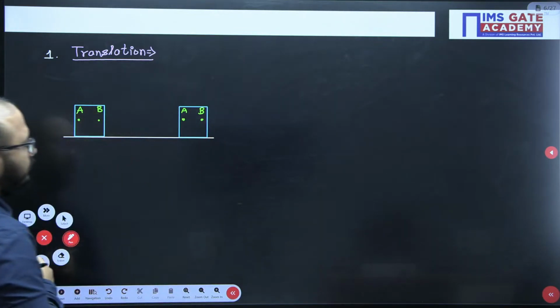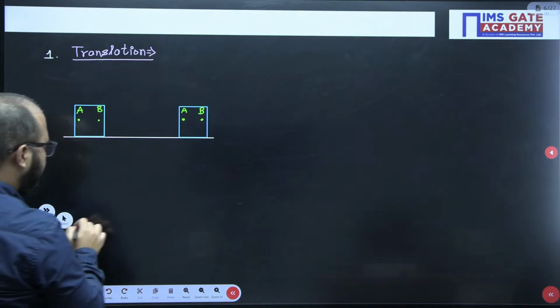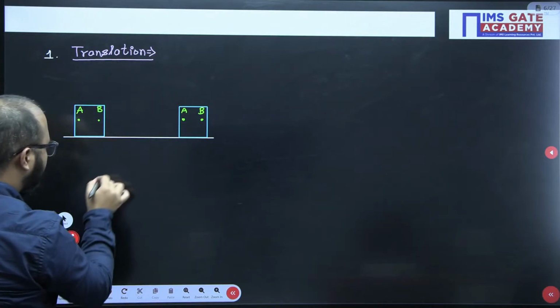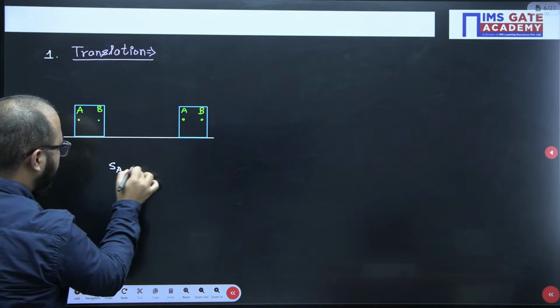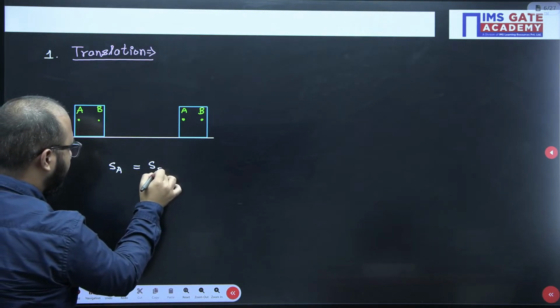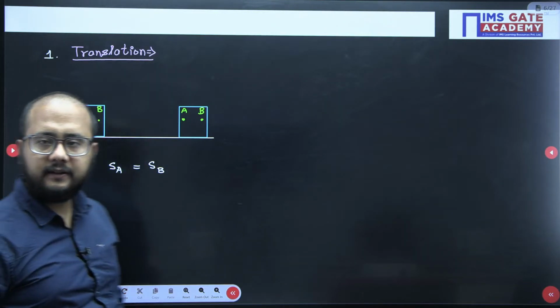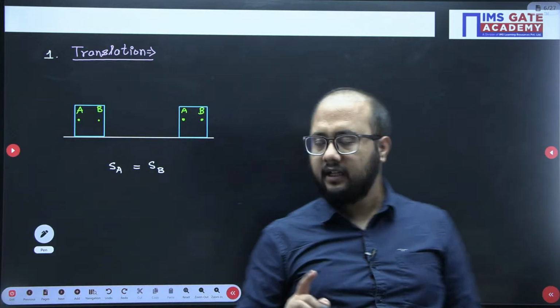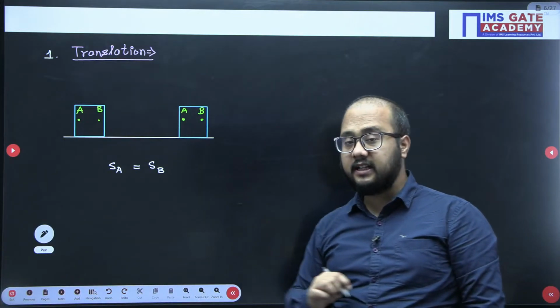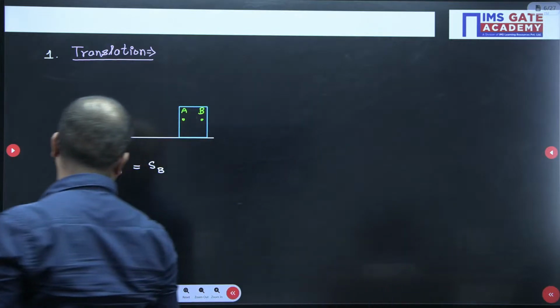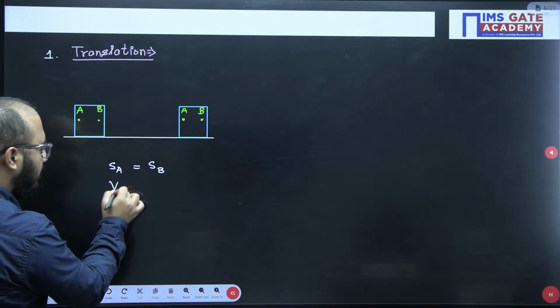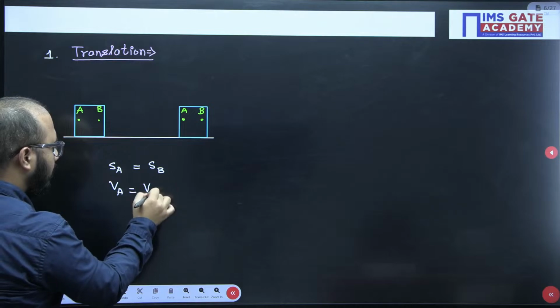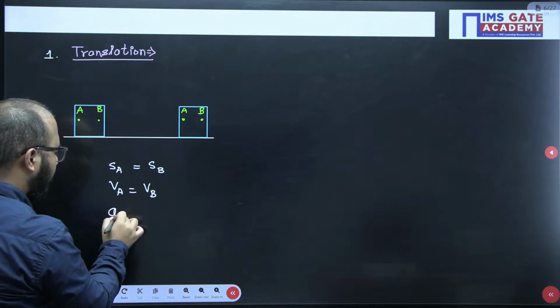This is point A and point B. So I can easily write one thing here, the displacement of point A equals the displacement of point B. Now, second thing, if displacements are same, so velocity will also remain same. Acceleration will also remain same.